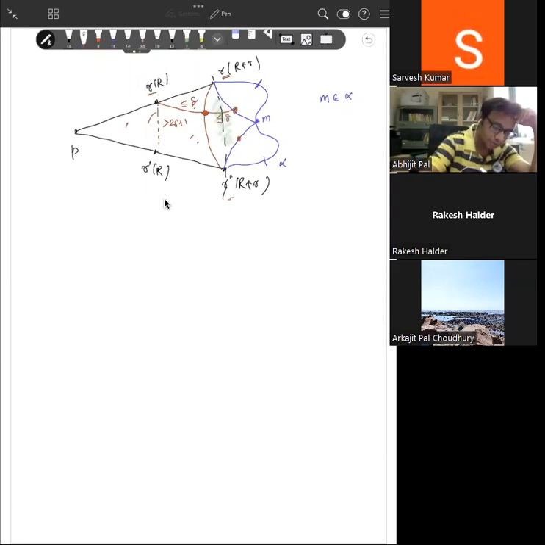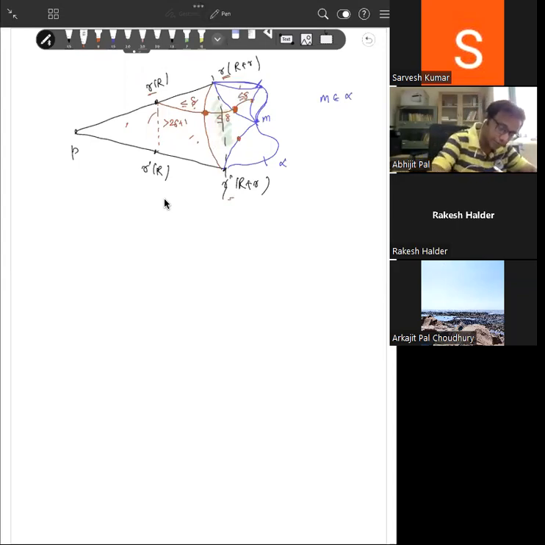Once you have this point here, you again subdivide this subsegment of alpha into 2 equal lengths, take the midpoint, and continue this process. Again, for this point, we'll have a point either here or here such that the distance is at most delta.